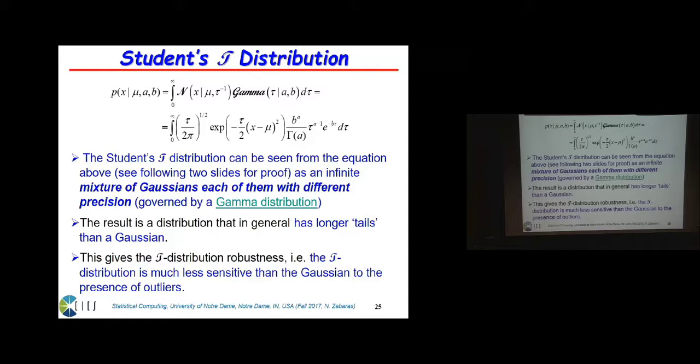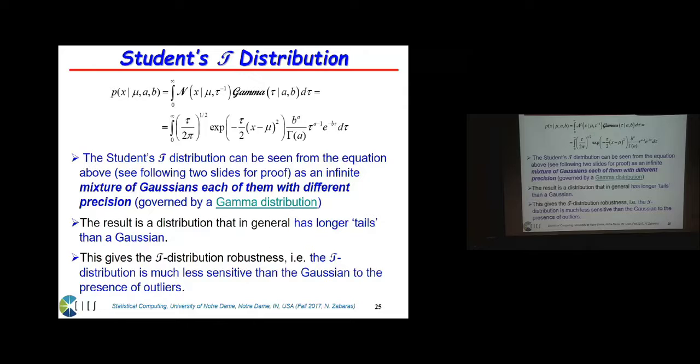And you average them with weights that are a gamma distribution on the precisions of each of these Gaussians. So basically, you say, I'm going to take Gaussians with different precisions, and I'm going to find the average of those. And what comes out of this is a student t distribution. So effectively, it's like taking Gaussians with different length scales. This is another way to think of this precision, and averaging over these length scales gives you a student t distribution.